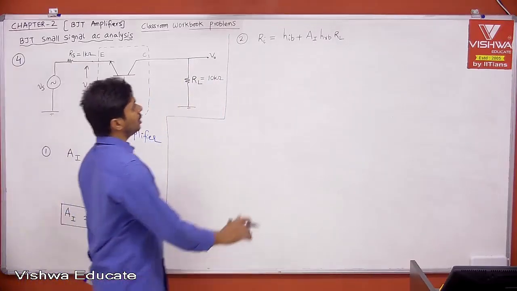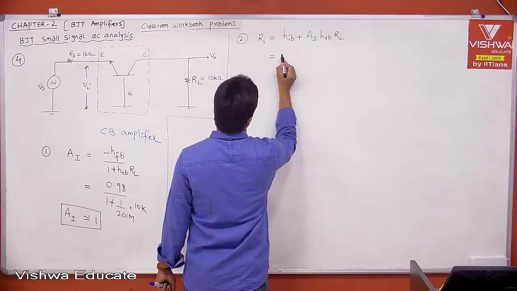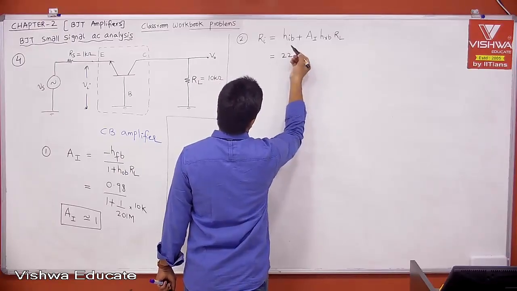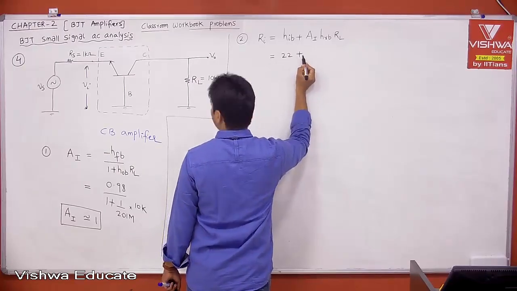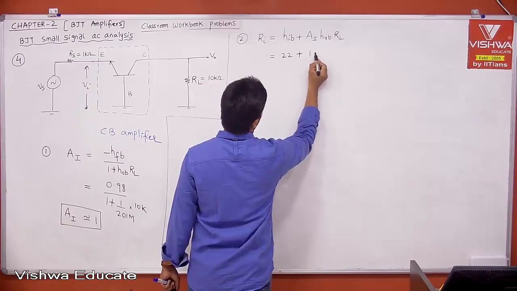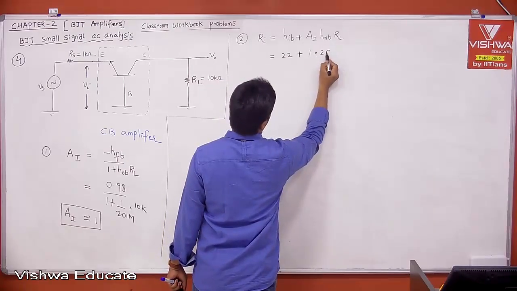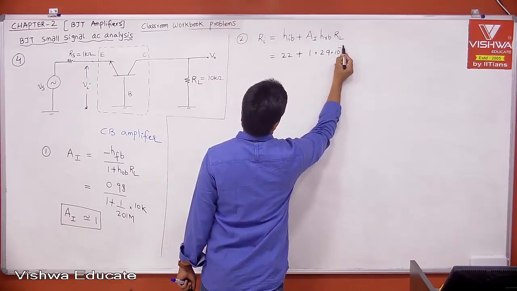Right? What is HIB? HIB is nothing but 22 ohm, actually 21.9. You can take it as 22 plus. What is AI? Approximately 1. What is HRB? 2.9 into 10 to the power of minus 4.